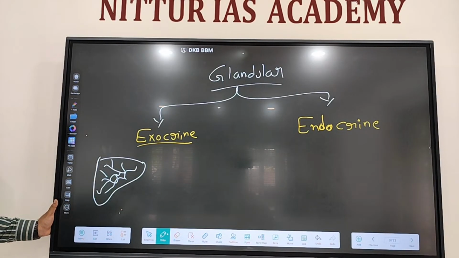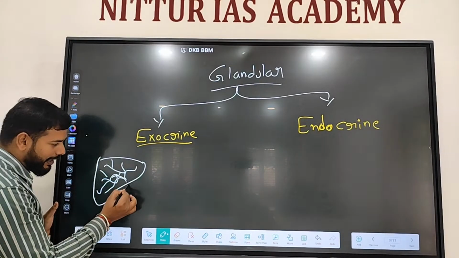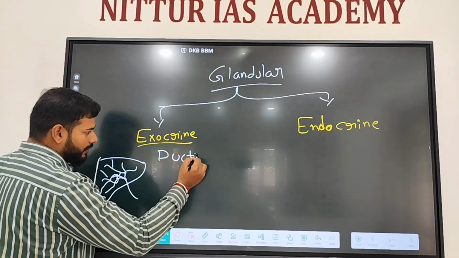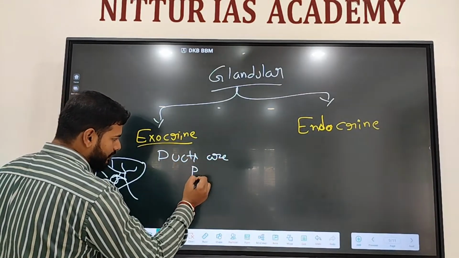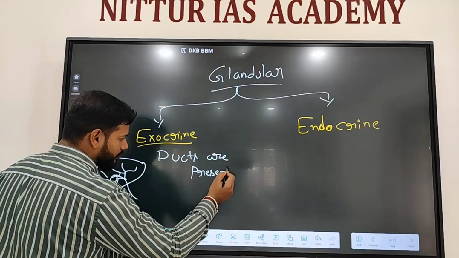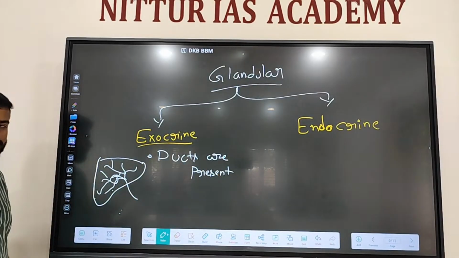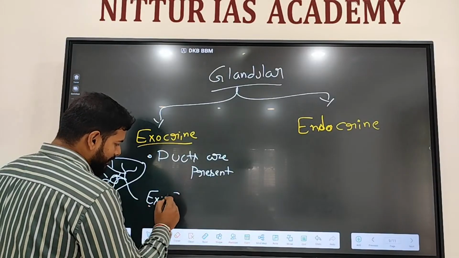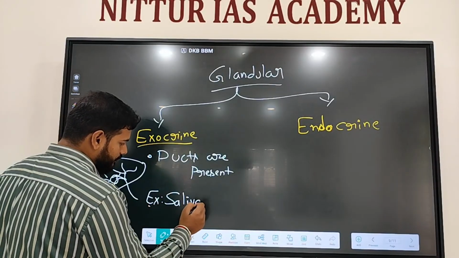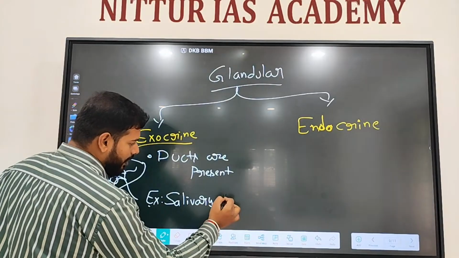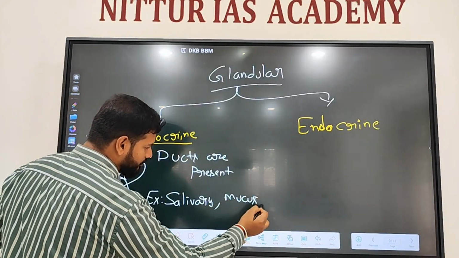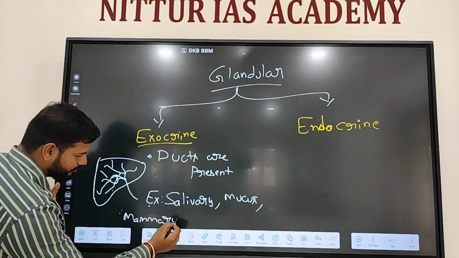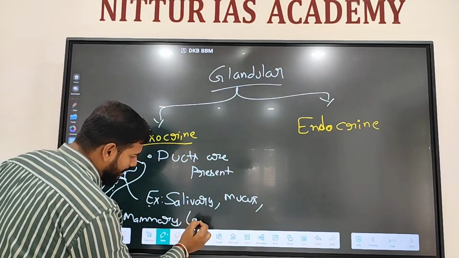Not exactly a pipe, a pipe-like structure. Examples for exocrine glands are salivary gland, mucus gland, mammary gland, lacrimal gland.